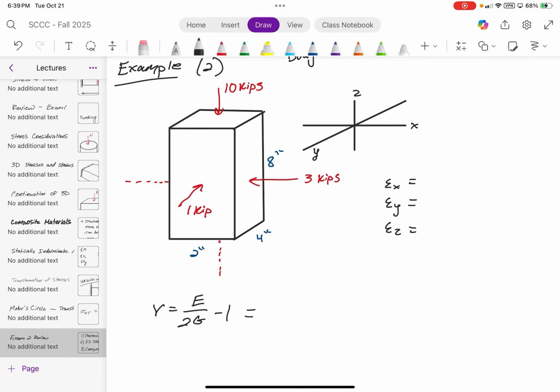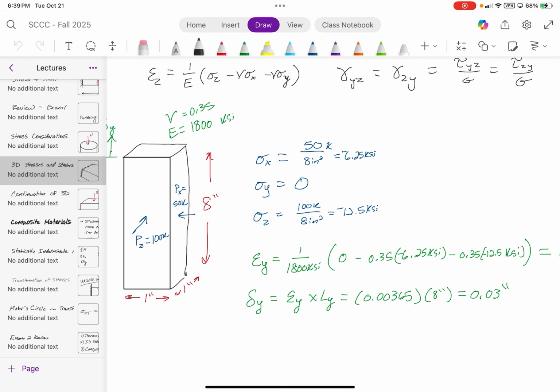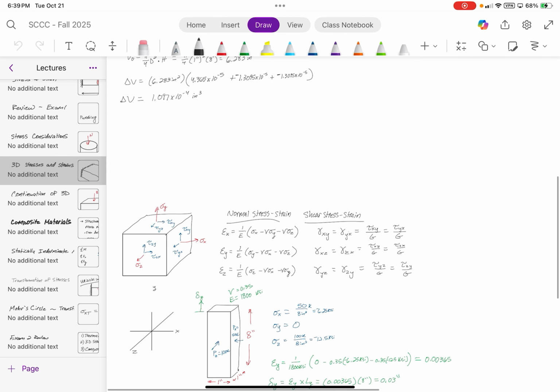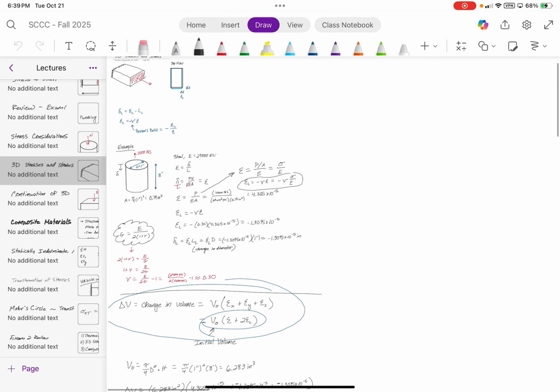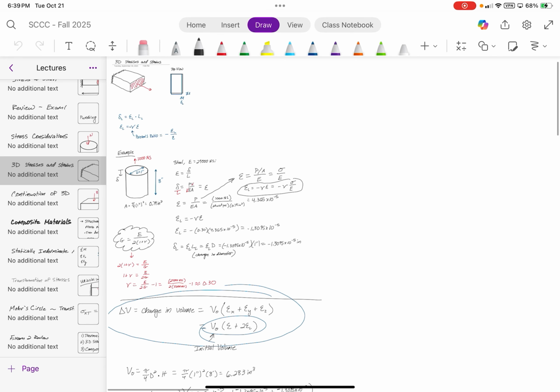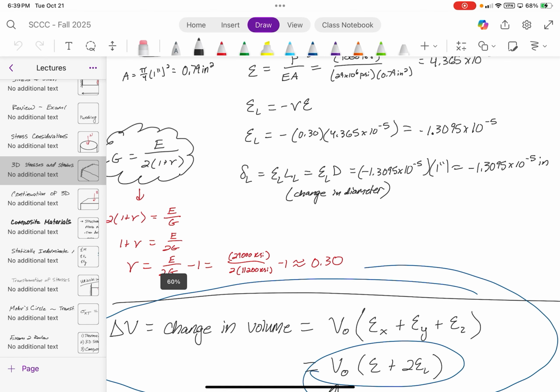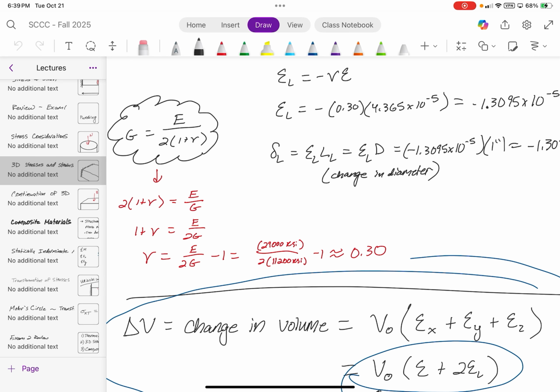Let me look back at the notes. That's what it says, E over 2G minus 1, in the notes. And I did it like 5 times.